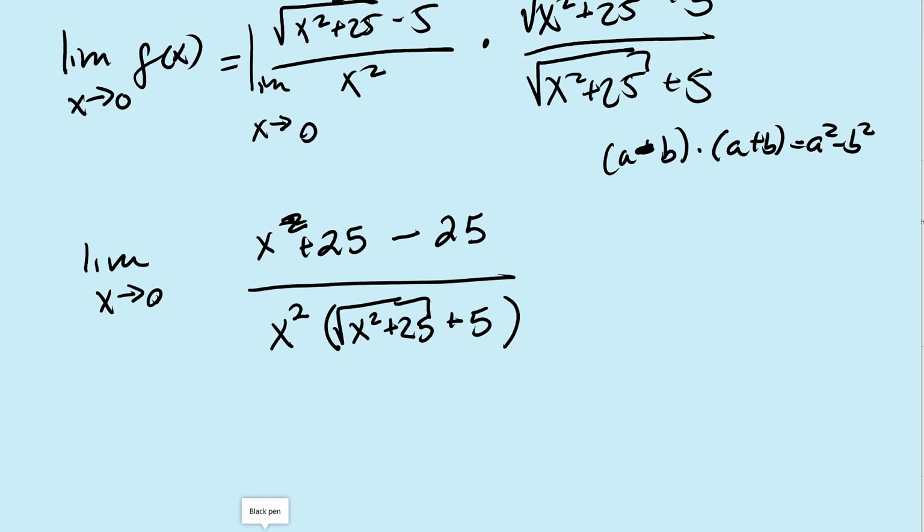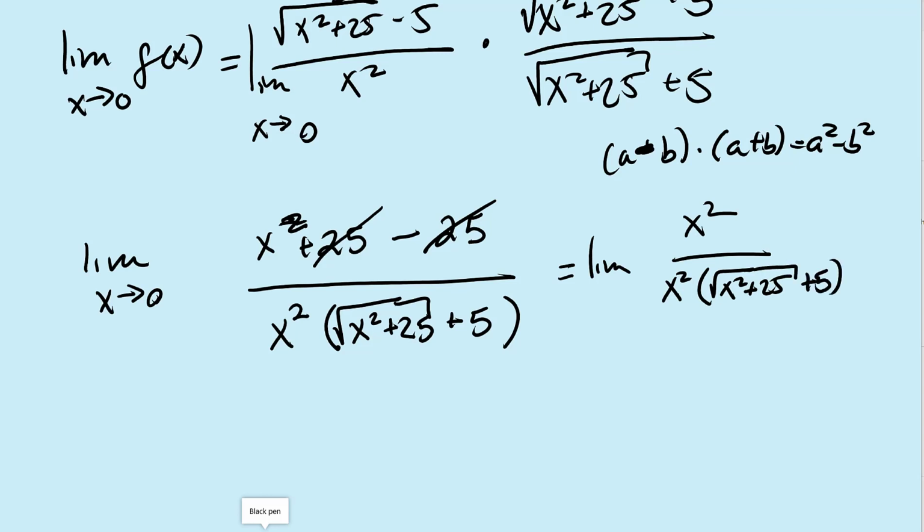Now immediately we see that our 25 and negative 25 cancel each other, and we're left with the limit of x squared divided by x squared times the square root of x squared plus 25 plus 5.